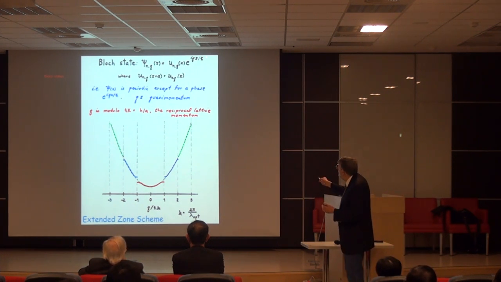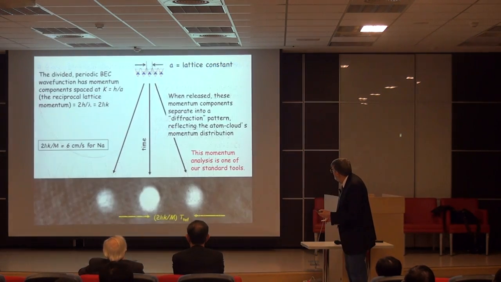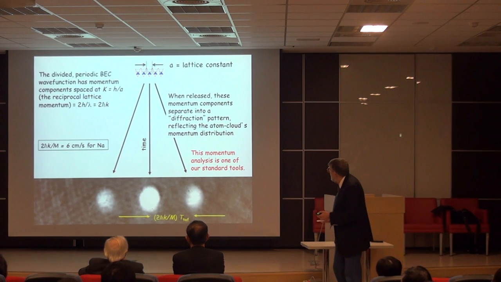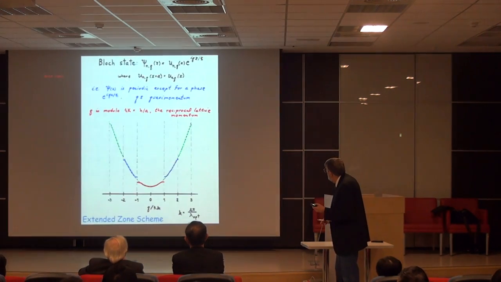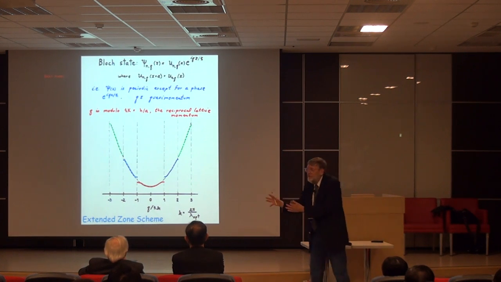So for example, if Q is 0, that's the situation that I was showing you here. That's 0 momentum is one of the momentum functions. Plus and minus the reciprocal lattice vector are two of the other components of the momentum wave function. And that would be the same thing here if Q were 0. But if Q is not 0, it just shifts everything over.